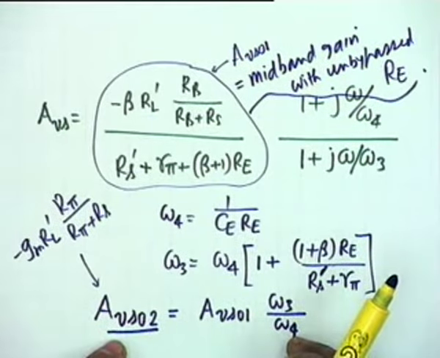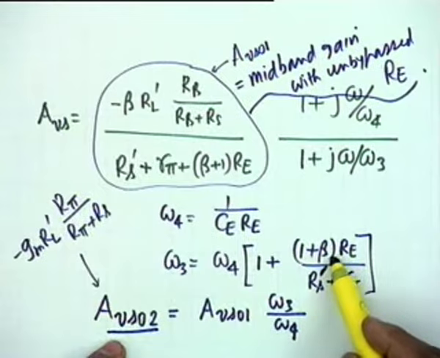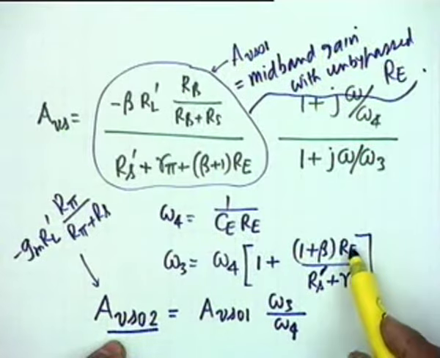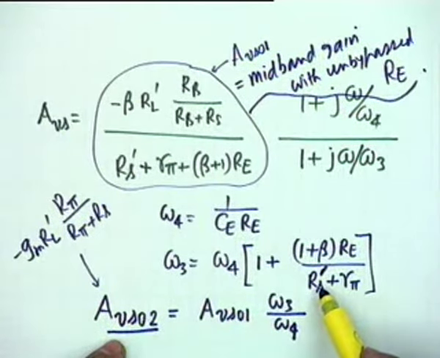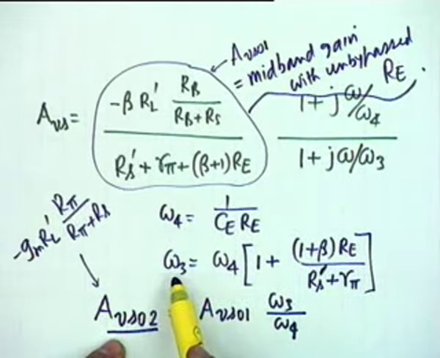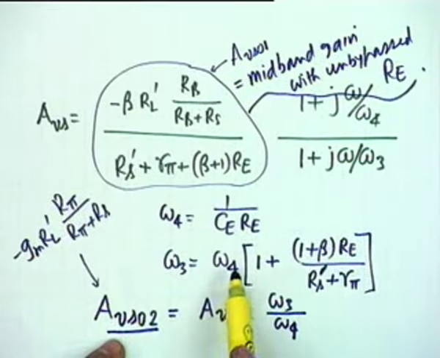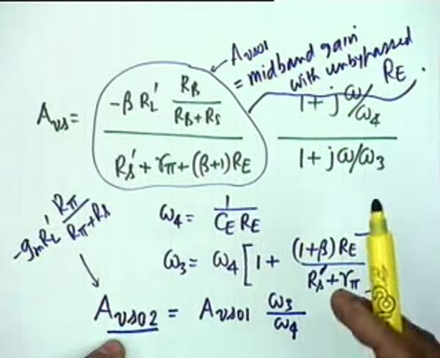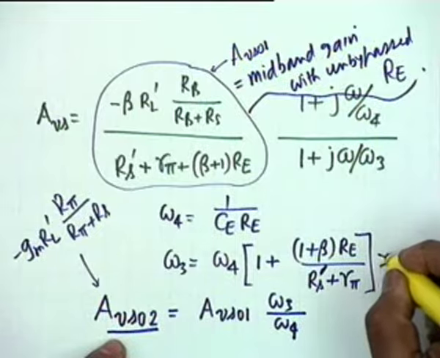Why? Because beta plus 1 RE, R pi and RS prime will be of the same order of magnitude, and therefore this factor shall be approximately half. So it is beta by 2, which is typically 50. So it is 51 times omega 4, which means that omega 3 is much greater than omega 4.